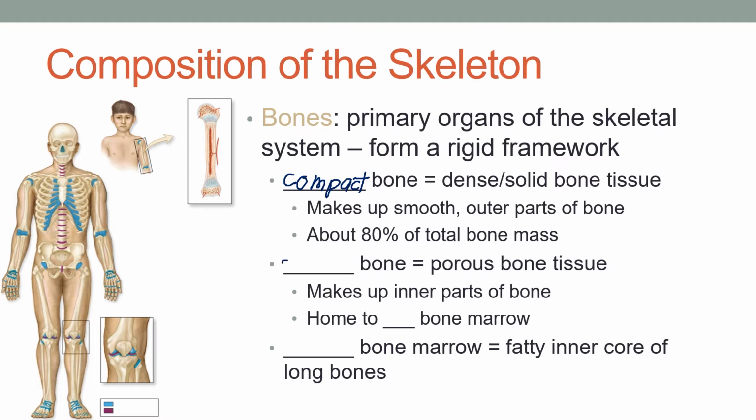The other is spongy bone. Spongy bone makes up the inner parts of your bone, and in certain places at certain ages, it is home to red bone marrow.